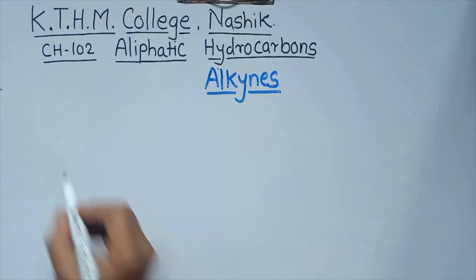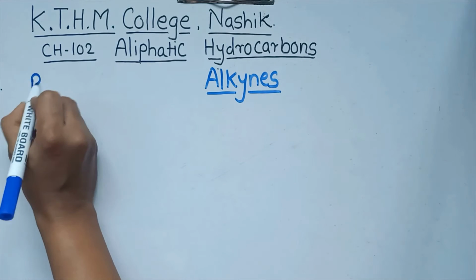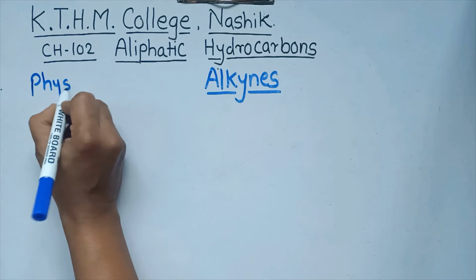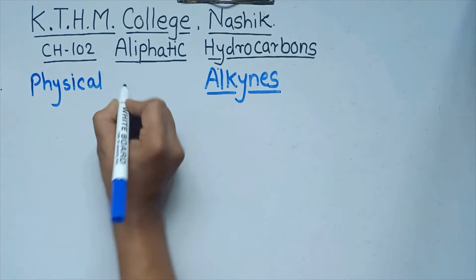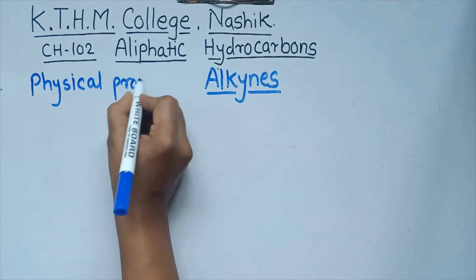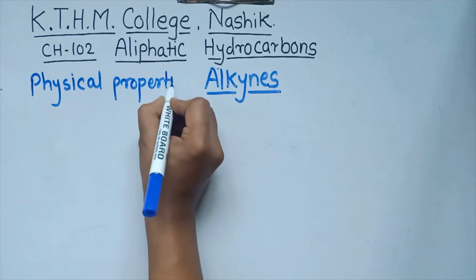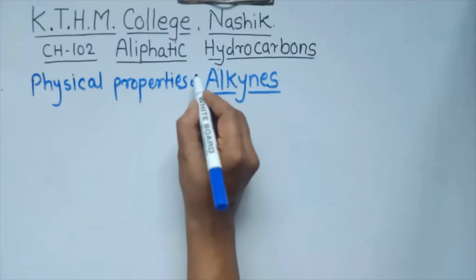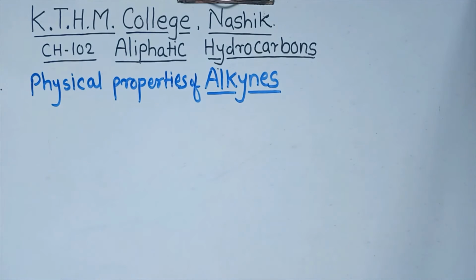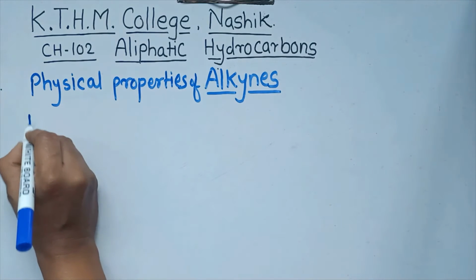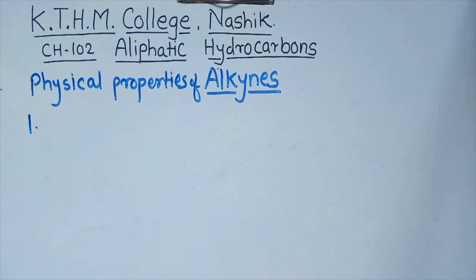Then we see the physical properties of alkynes. Our next point is physical properties of alkynes. So the first physical property: similar to alkane and alkene, alkynes also show the same physical properties.